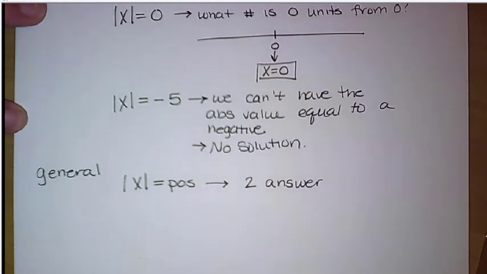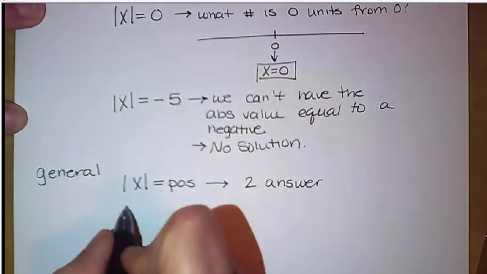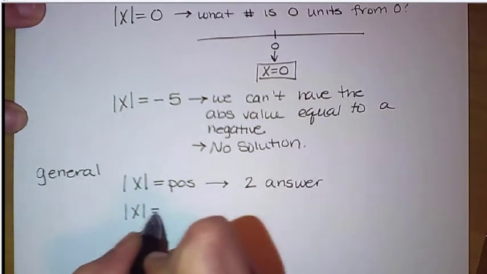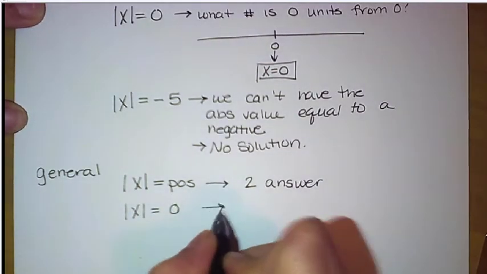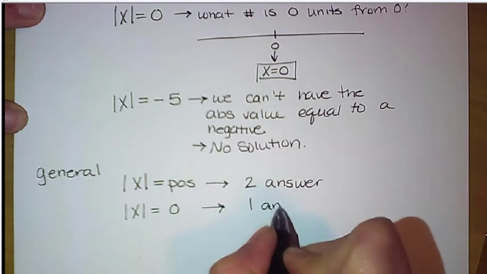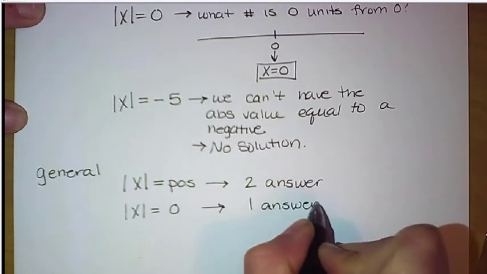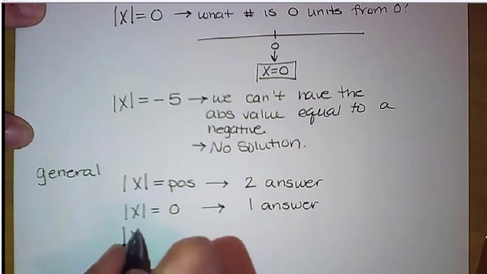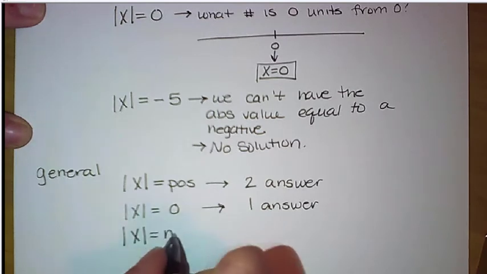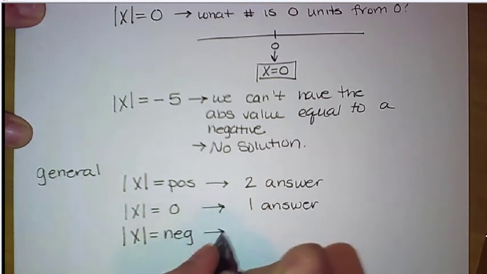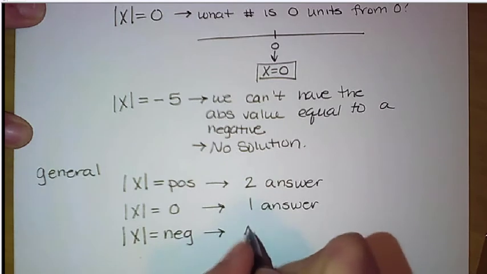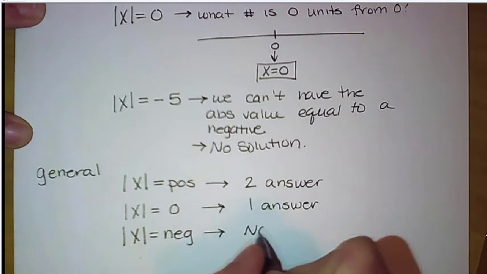Sometimes they're going to be two different answers, and we'll show problems like that as we go through. If we have the absolute value equal to 0, we're only going to have one distinct answer. And then if we have the absolute value of x equal to a negative number, in this particular instance we would have no solution, or no answers.